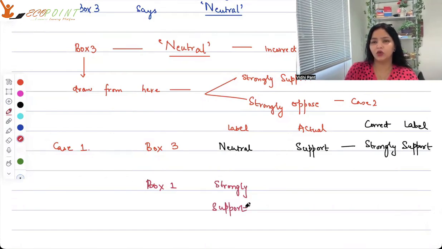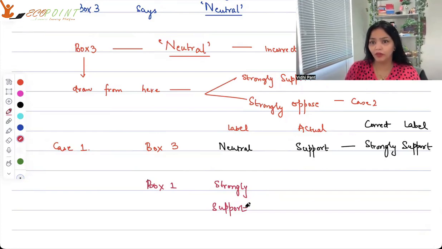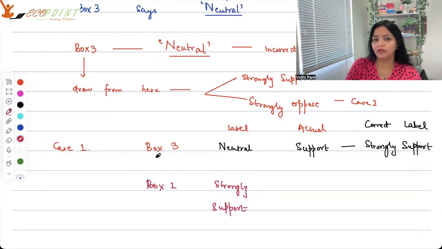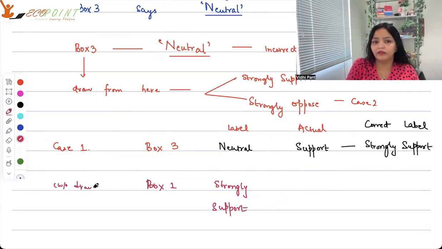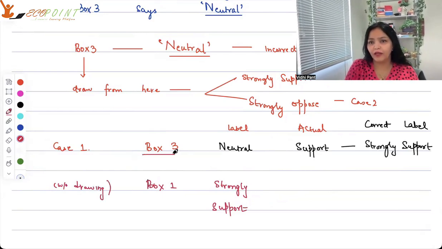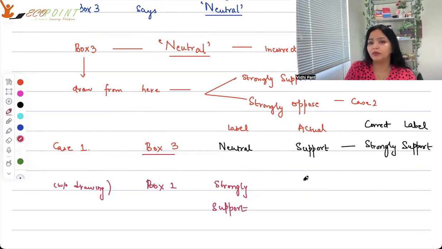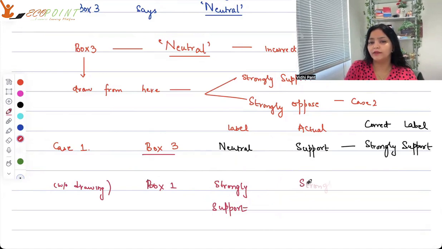Since the label cannot be strongly support, it can be anything else, and strongly support is already gone to box 3. What should be the actual one? Without drawing anything, you will figure out. You have drawn just one data point from box 3, and you can say that box 1 should actually be strongly oppose.